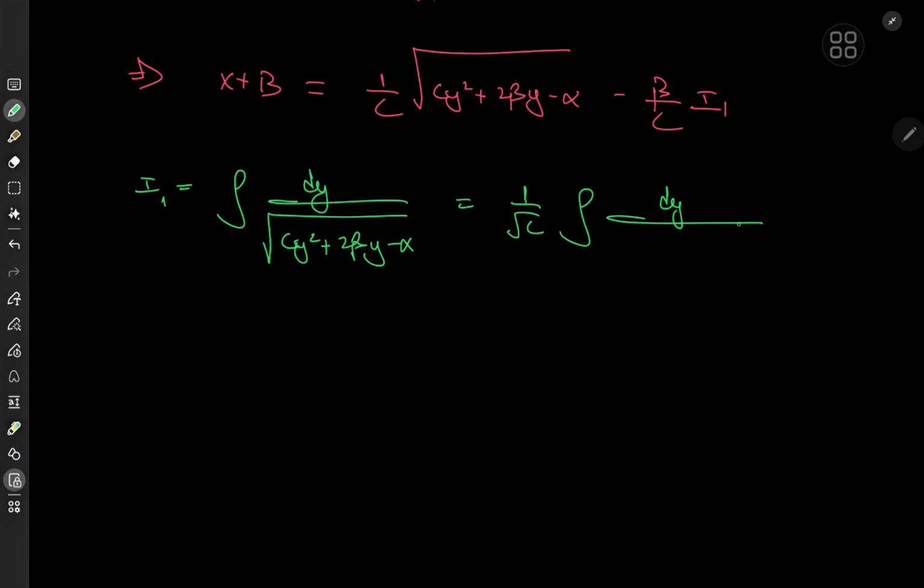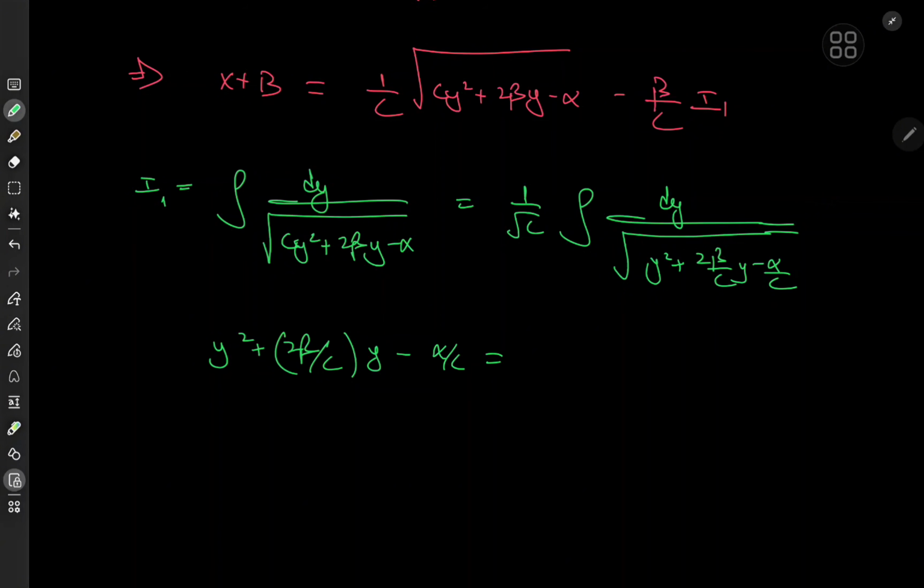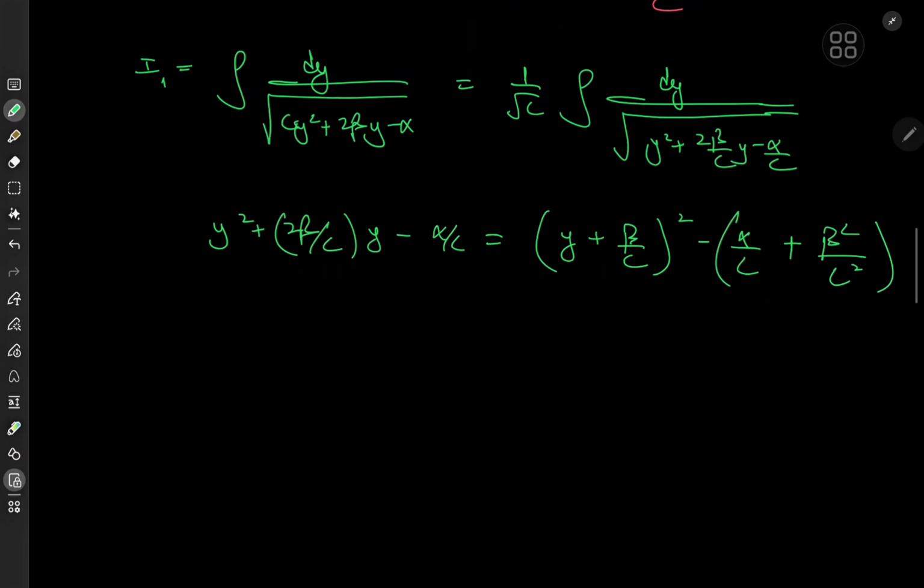So I have the integral of dy over y squared plus 2 times beta over c times y minus alpha over c. And already this looks promising because I have that 2 times the cross term. So y squared plus 2 beta over c times y minus alpha over c should sort out to y plus beta over c, the whole thing squared, minus alpha over c minus beta squared over c squared, of which I can factor out the minus 1 term.